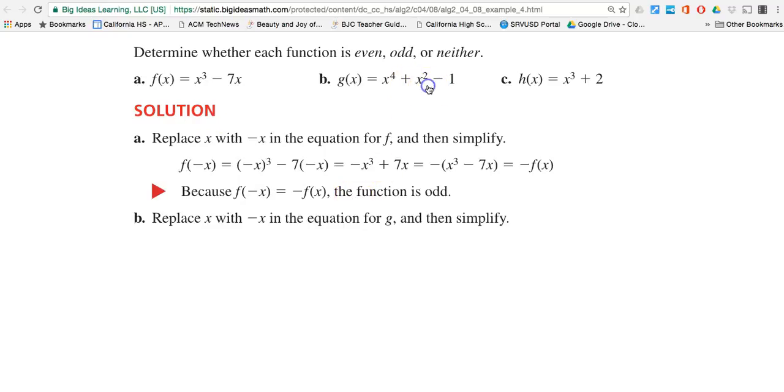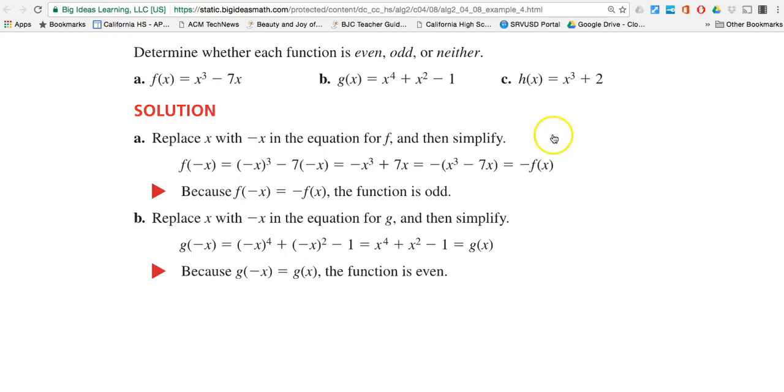Let's look at b. Same thing. We replace x with negative x. So we get negative x to the fourth plus negative x squared minus 1. If we go ahead and simplify down these parentheses, we're just going to end up with x to the fourth plus x squared minus 1, which is equal to our original function, which means this is even.